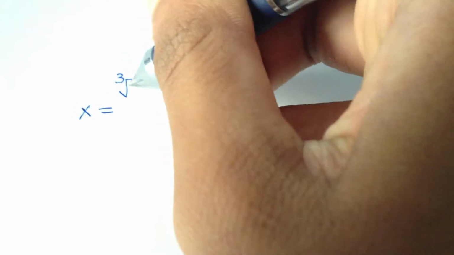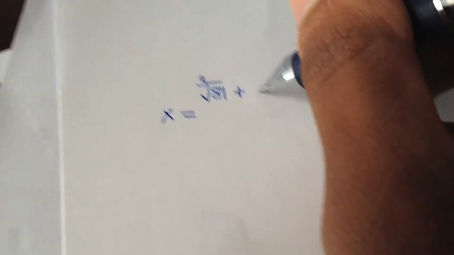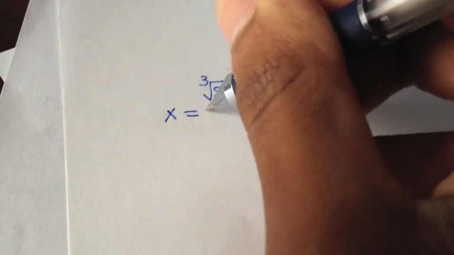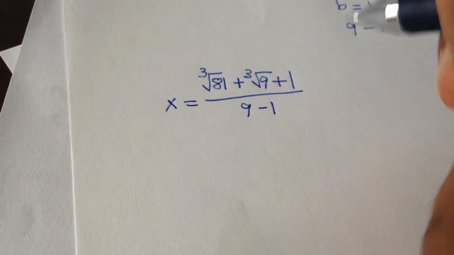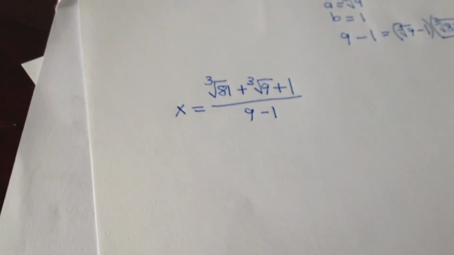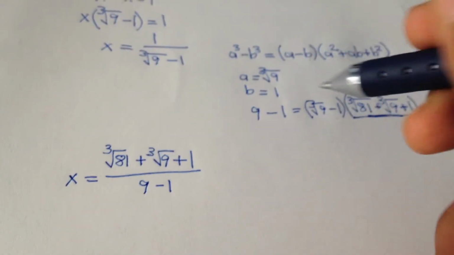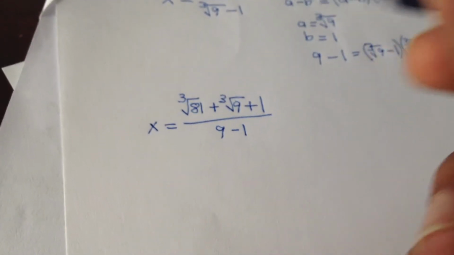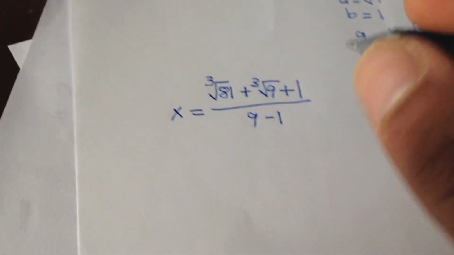That would give us cube root of 81 plus cube root of 9 plus 1 on the top, and on the bottom it would just be 9 minus 1, which is 8. And this is because we used the difference of cubes to rationalize the denominator. So now we're done. Our root is in the form that we want.